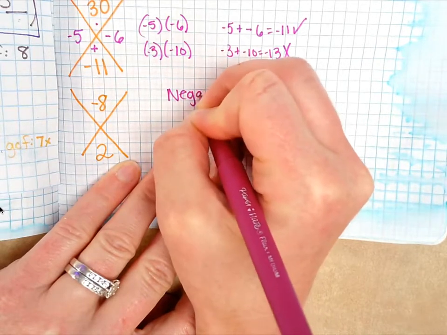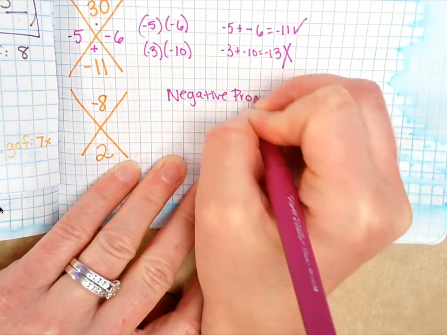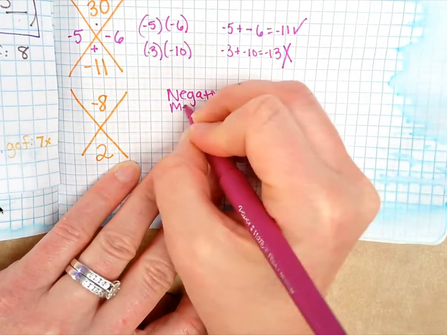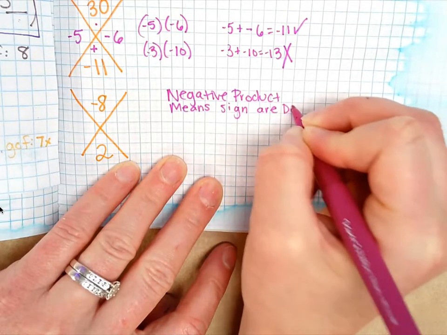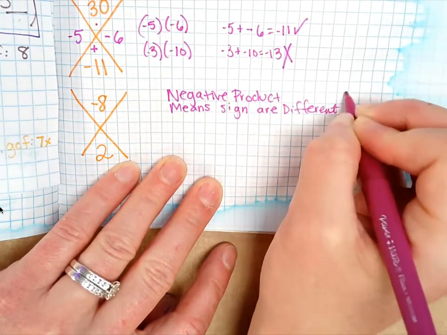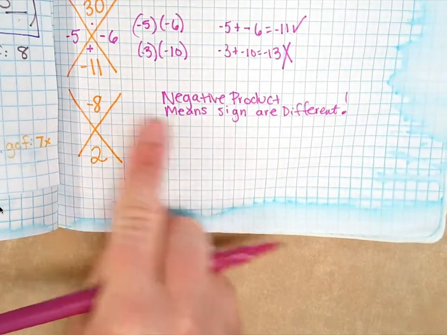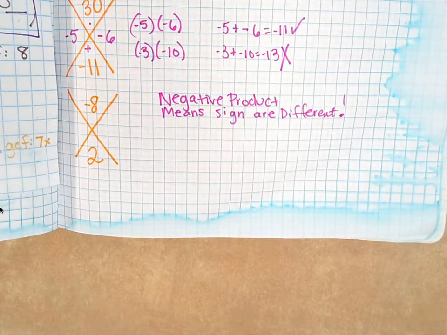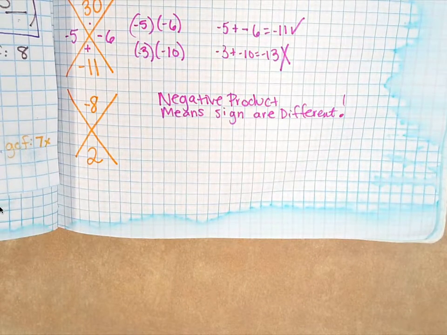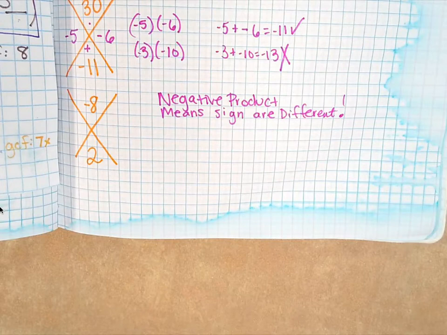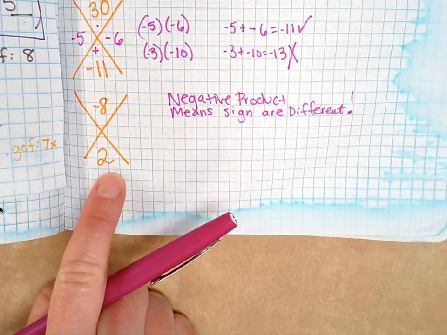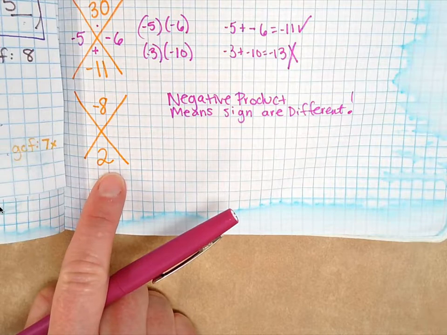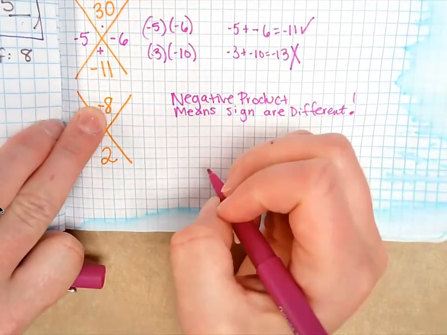Negative product means the signs of your two numbers are different. One's positive and one's negative. So that's the case on this. You have a negative product, but you have a positive sum. So we've got to do different signs.